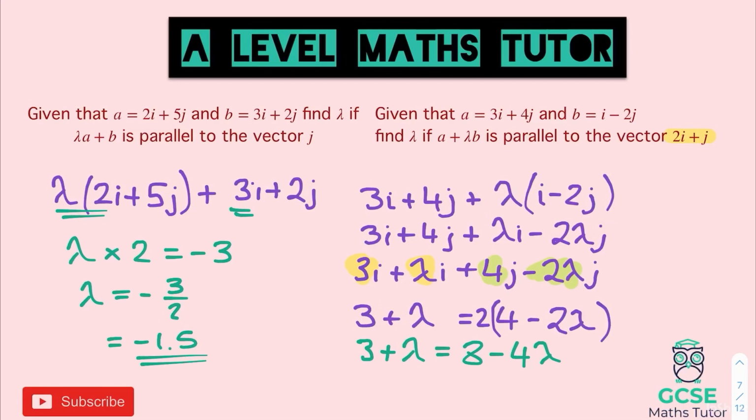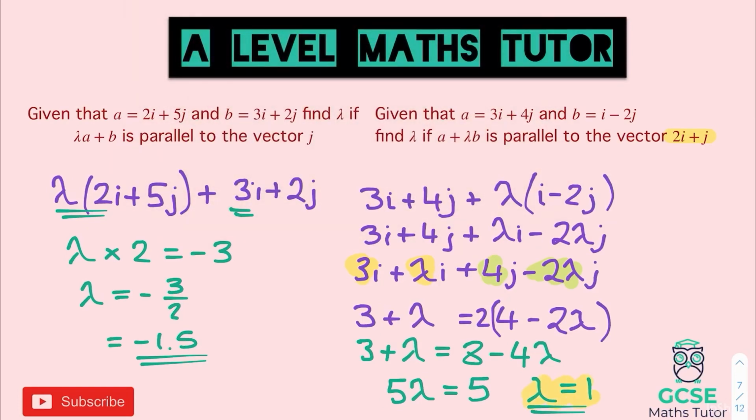Now we can solve that as an equation. Let's add 4 lambda to both sides, which gives us 5 lambda on the left, and subtract 3 from both sides, which gives us 5 on the right hand side. So we've got 5 lambda is equal to 5, so lambda is equal to 1. And there we go, there's our final answer for that question. Let's just highlight that.